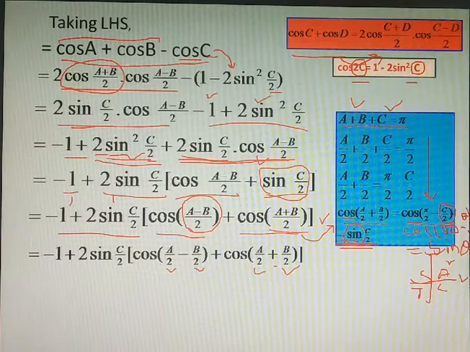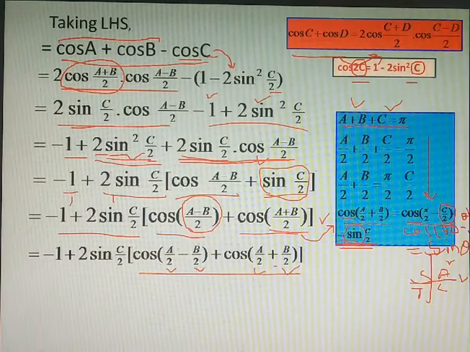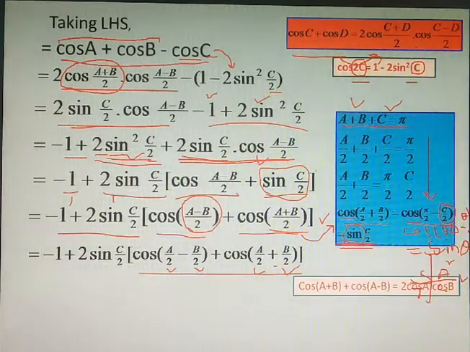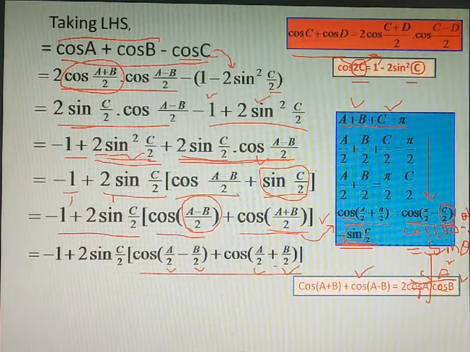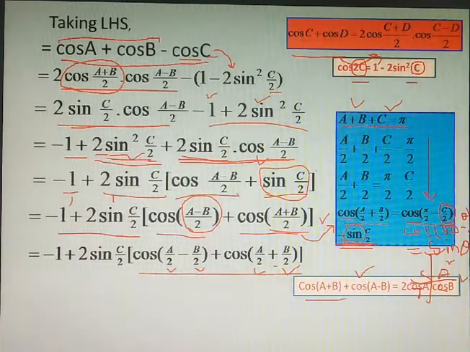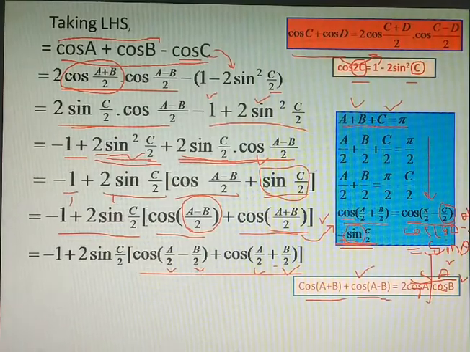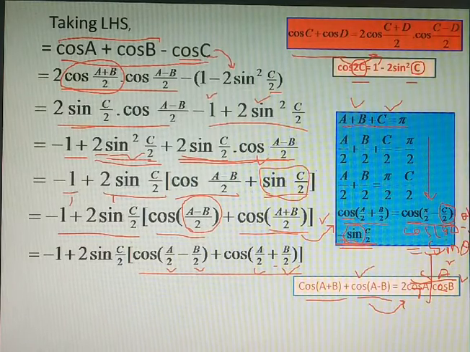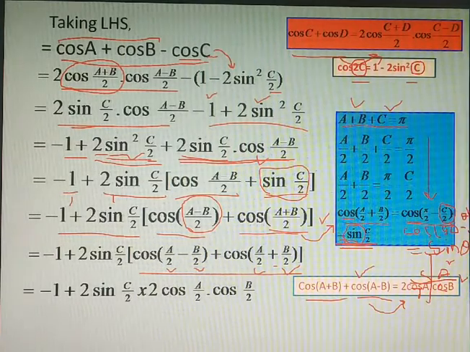Now if you observe these terms inside the bracket, again this denotes a formula, cos(A+B) + cos(A−B), which can be written as 2 cos A cos B. So we'll convert in the same form here.